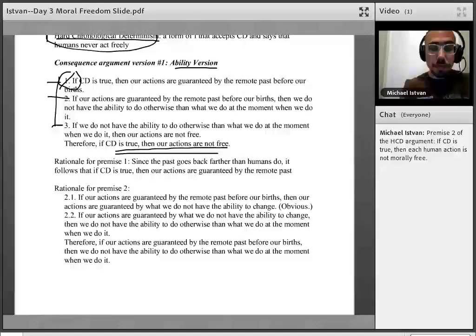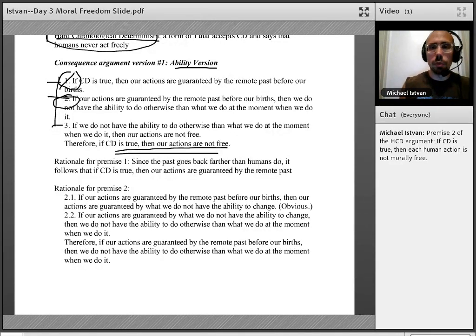Remember, I said at the very beginning of our segment on moral freedom that discussing moral freedom is very important, because if nothing that humans do is up to them, if humans can never act freely in a way that's required for moral responsibility, then there seems to be little point to talking about what we ought to do. Anyway, let's go on to premise 2.